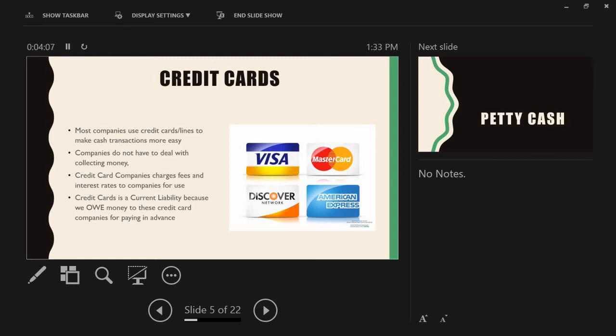Now, what credit cards do is they are a form of cash, right? But the only difference is when you're using a credit card, it's not you having this money readily available. It's a company allowing you to have a balance for you to make your transaction.